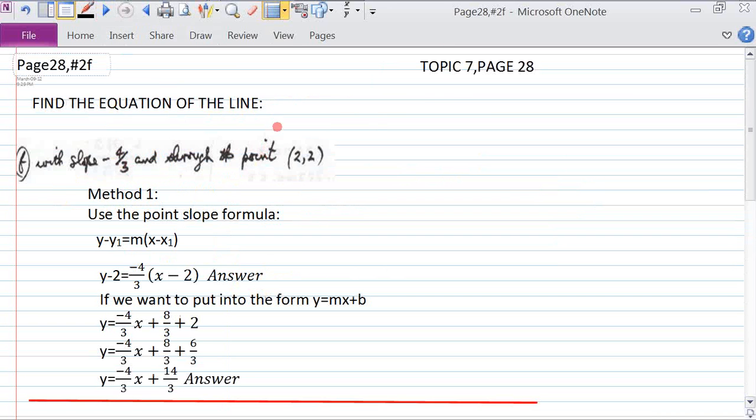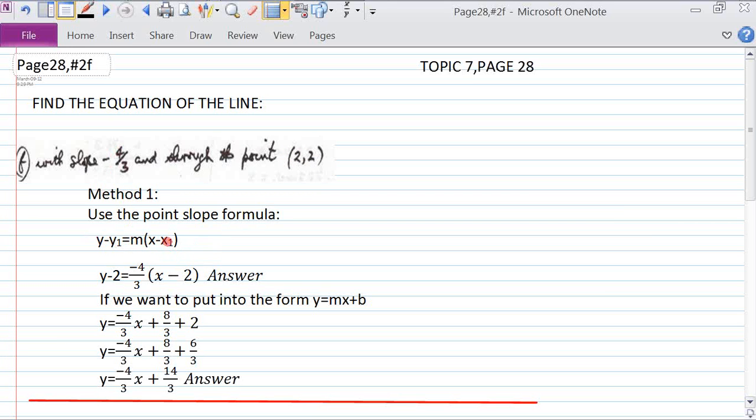Find the equation of the line with a slope of minus 4/3 and through the point 2, 2. Well, here we can use the point-slope formula because this is a very simple formula, and we use this when we have a point x1, y1, which is this here, and we have the slope.